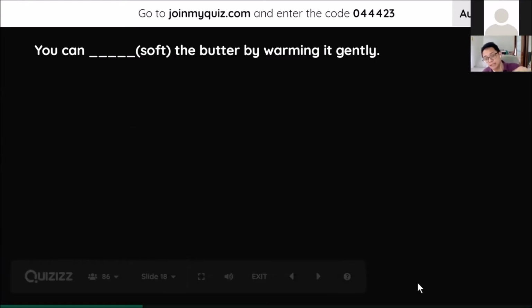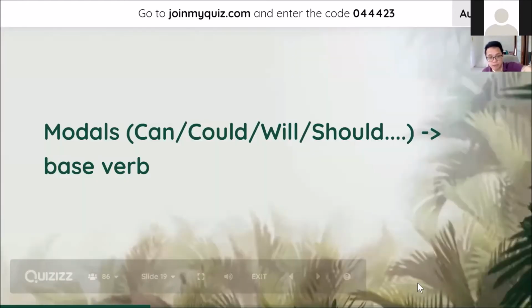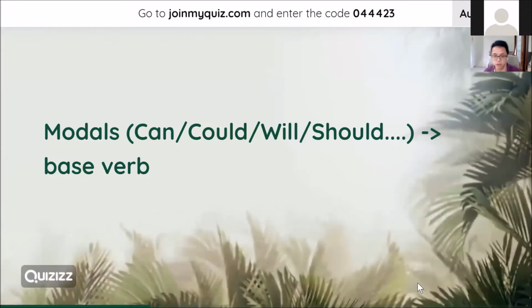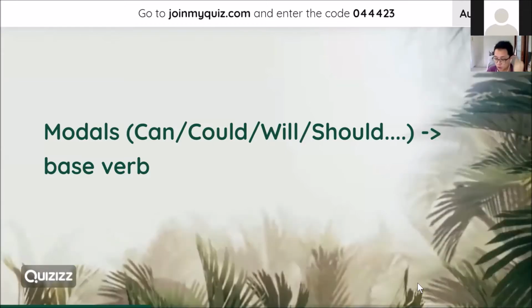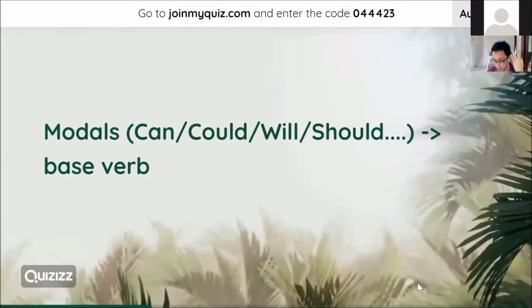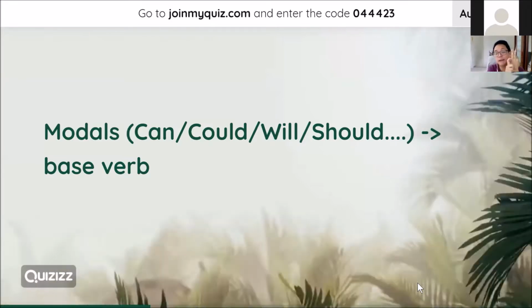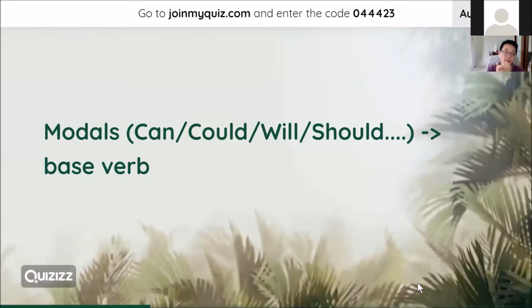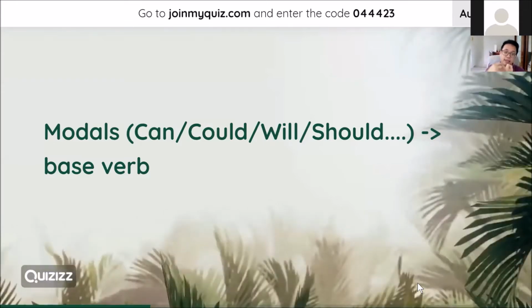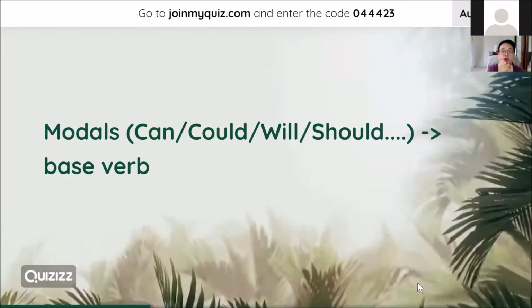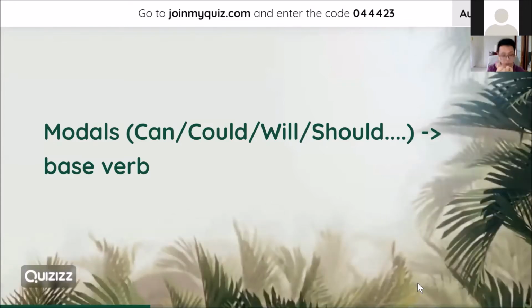So all these words you need to have a base verb. So let me remind you, there are three places where you need to use a base verb. 在 do, does, did 的后面，在 to infinitive 的后面，还有 the last one is modals: can, could, will, should, would.